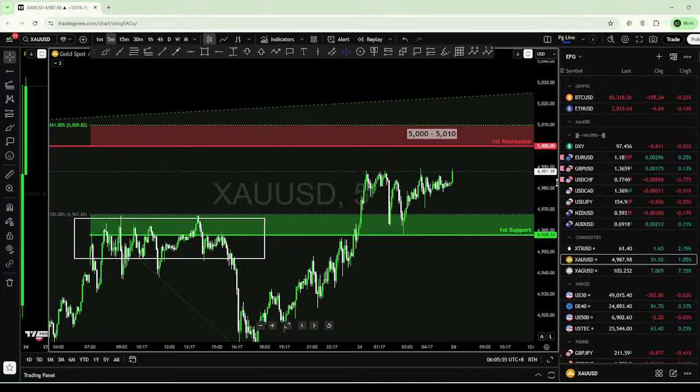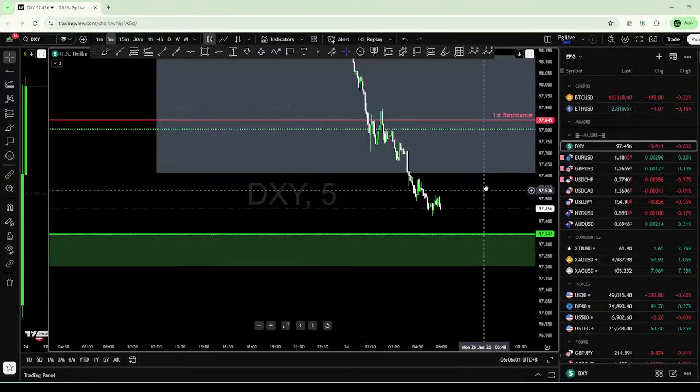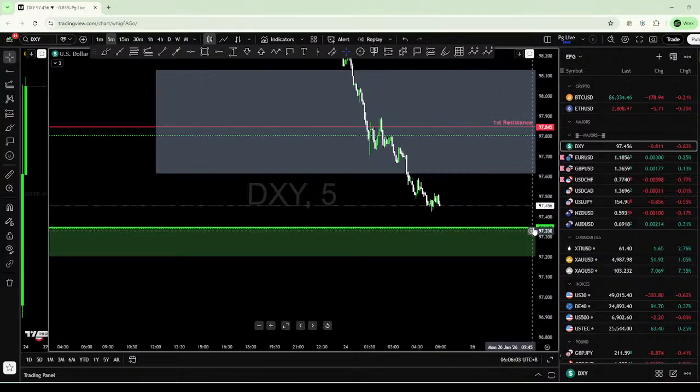So basically for gold, 5,000 to 5,010 is gonna be the key resistance level. Dollar, okay, recap, dollar can fall at least to this support level, which is the extension about 97.3.